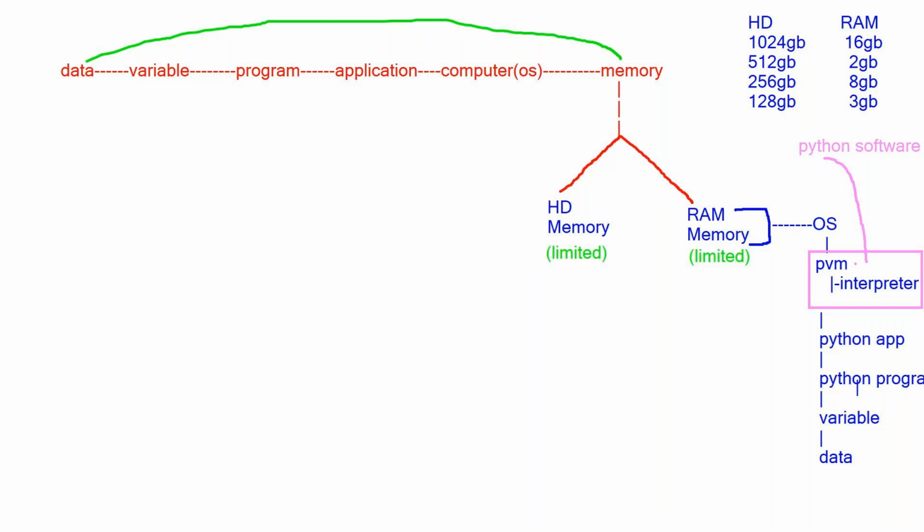That's it. So whom will we request to execute a Python program or Python application? We will request Python software, that is nothing but Python virtual machine along with the interpreter. So we will develop Python programs and ask the Python virtual machine or interpreter to execute them.